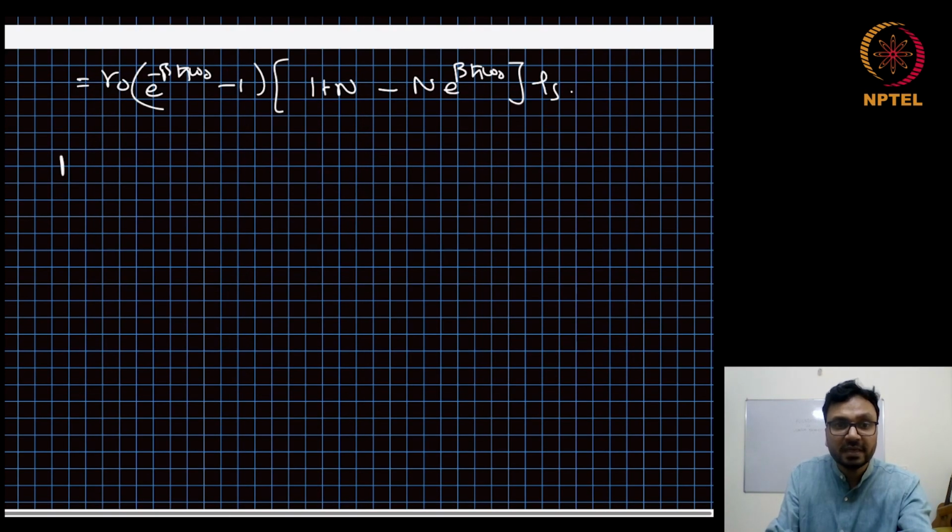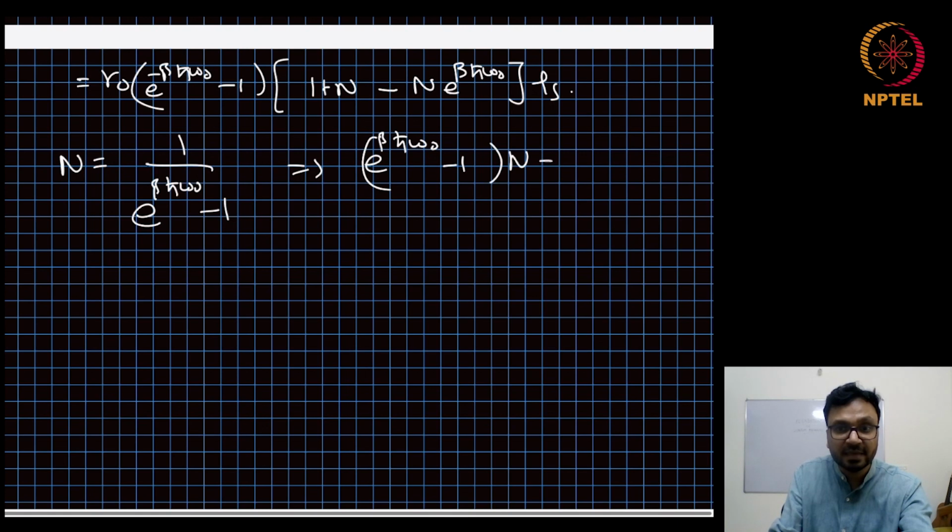We recall that n is 1 over (e^(βħω0) - 1). This implies that (e^(βħω0) - 1) times n is 1. That is, 1 plus n minus n e^(βħω0) is 0.